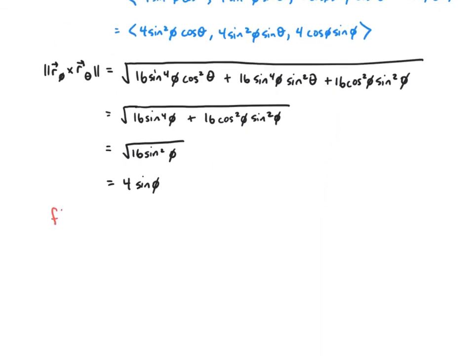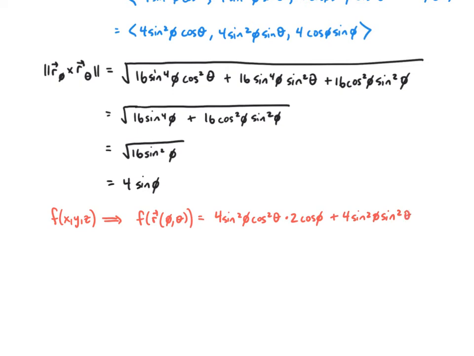So our function of x, y, and z is going to turn into the function of r of phi, theta. So what we get then is 4 sine squared phi cosine squared theta. That would be x squared, times z, which is 2 cosine phi, plus 4 times sine squared theta sine squared phi.